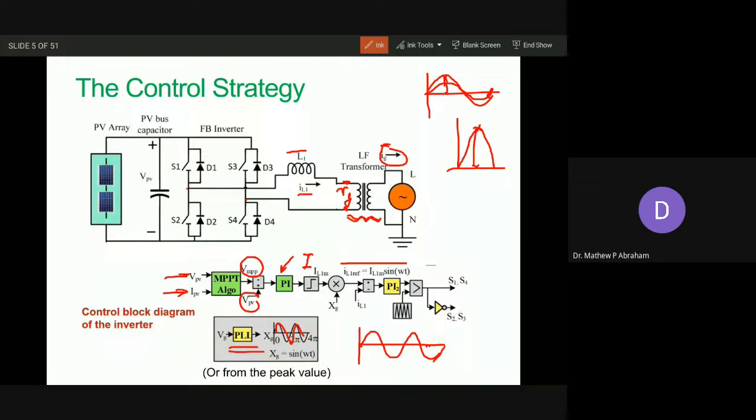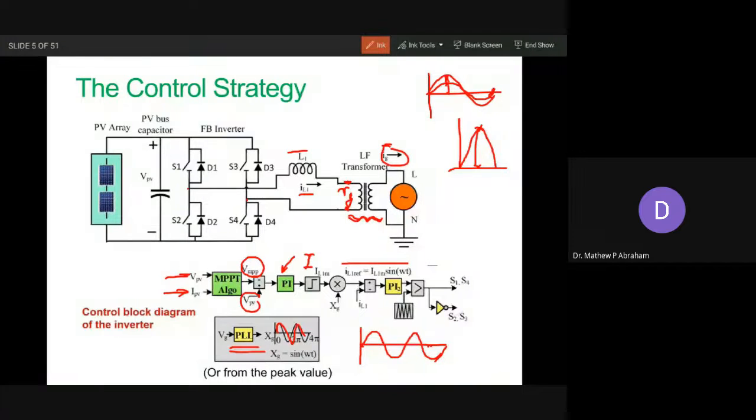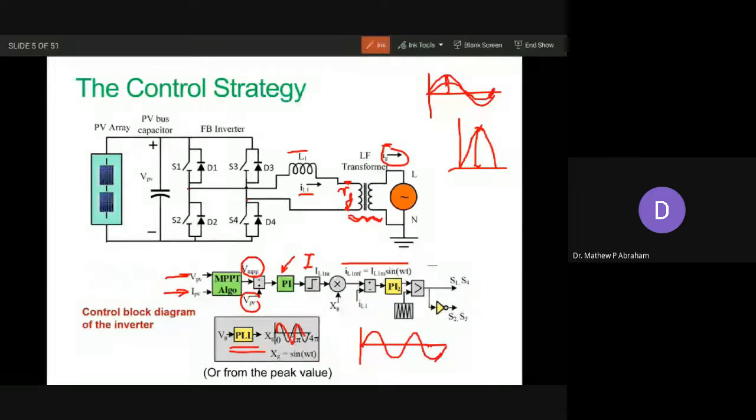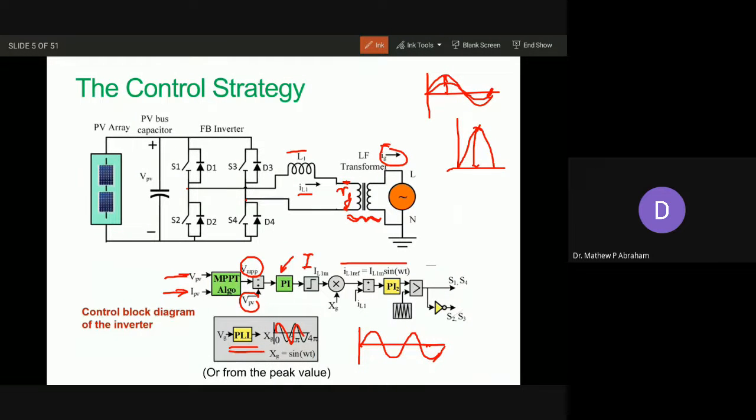And it is compared with the actual current injected, giving the current error. We can inject that current either by some sort of hysteresis current controller, but we know that a hysteresis current controller creates a lot of issues because it does not have a constant switching frequency. So the frequency spectrum will be much more complex. So generally, in order to make it a constant frequency operation, we convert the reference current into a reference voltage. Conversion of reference current into a reference voltage is done by introducing another closed loop.